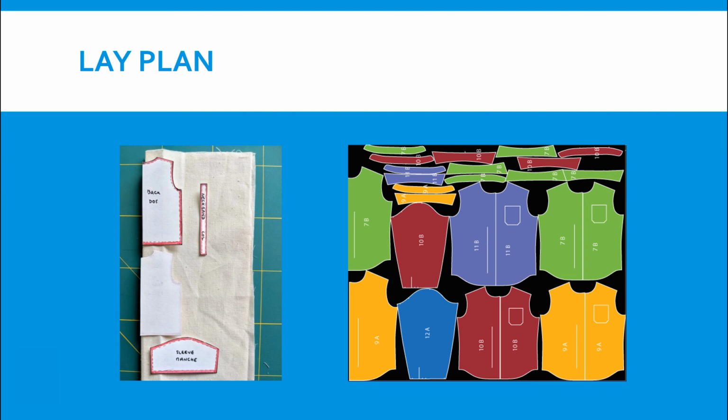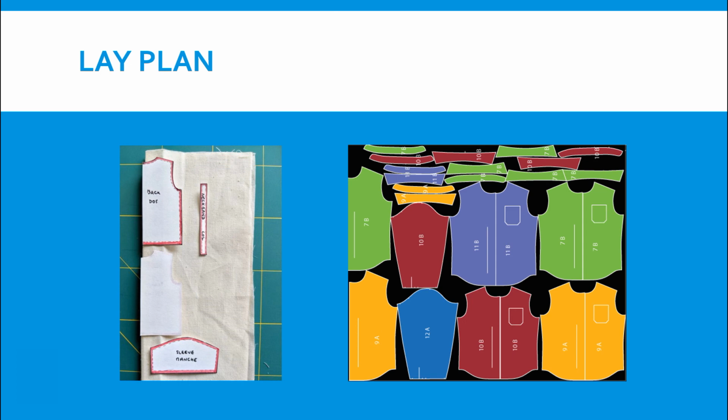In the case of industry, they often create lay plan with unfolded fabric. And patterns of different sizes of garments are positioned and represented like the second example because it could save more materials. And to avoid confusion, different sizes are represented in different colors. So I would like you to be aware of that.